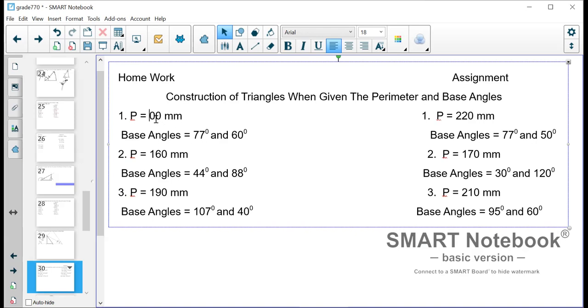Let me just reduce these a little bit, just to be on the safe side. So that should help you in terms of the size of the triangle or the baseline that you'll have to start with.